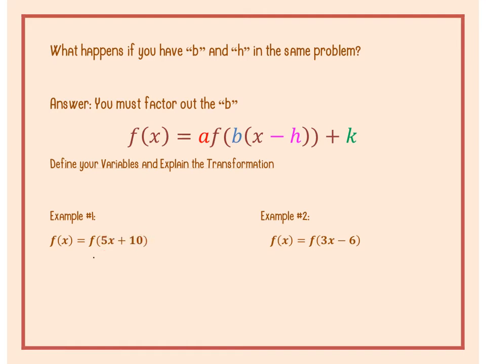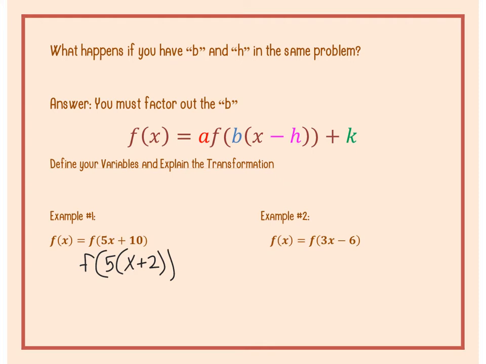Now that 5 is going to stay inside the double parentheses. So I'm basically like undistributing the 5. So I have a plus 10, but because I'm factoring out a 5, what is 10 divided by 5? It's a plus 2.